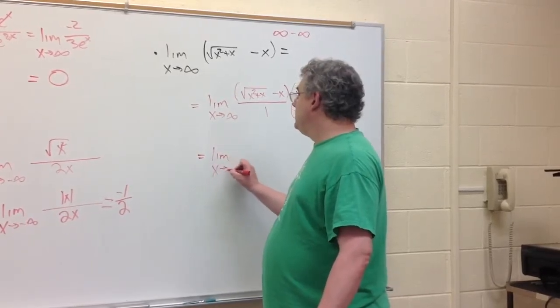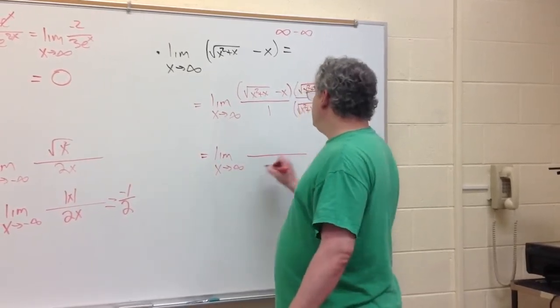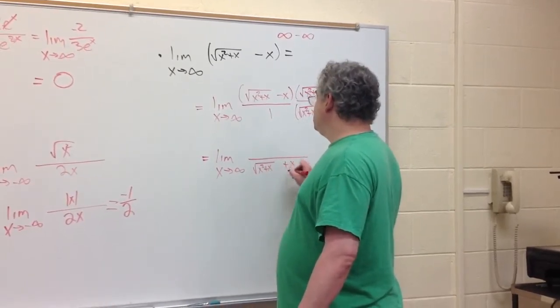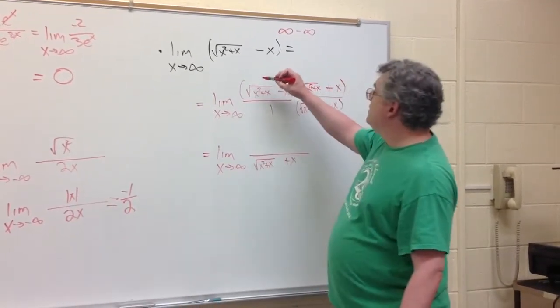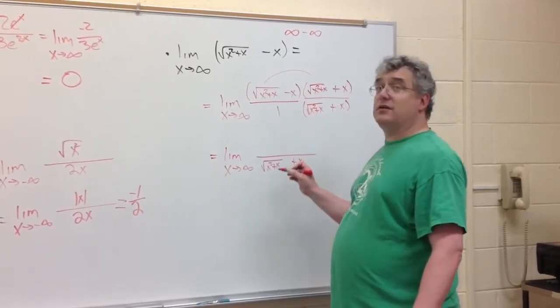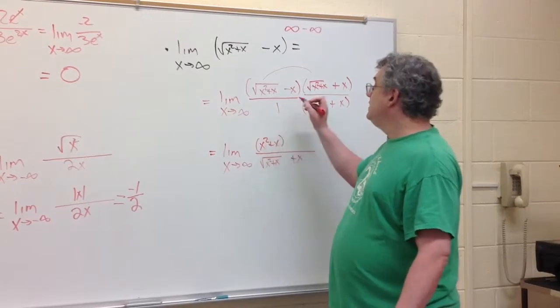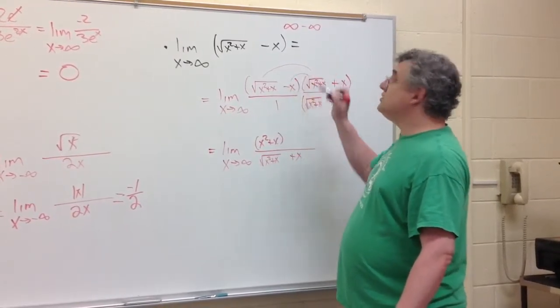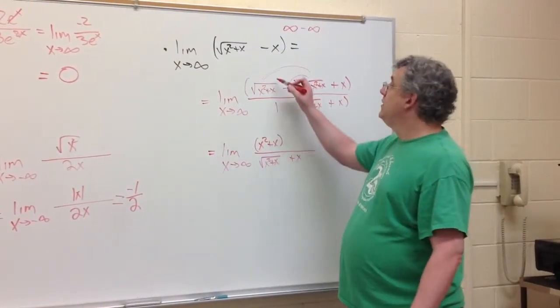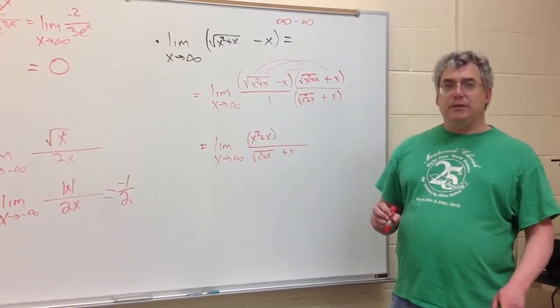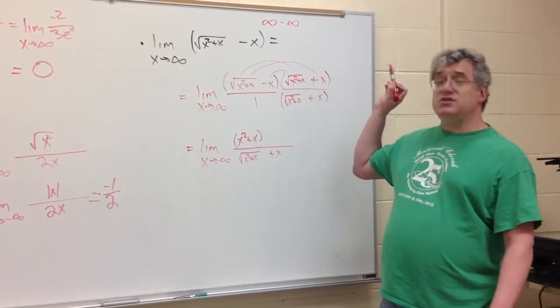Let me multiply everything through. The bottom is x squared plus x, and then add x. Over here, this term and this term multiply together. X squared plus x. The middle terms, minus those 2 together, plus those 2 together. Those cancel. The reason we multiply by conjugates is so the middles will cancel.